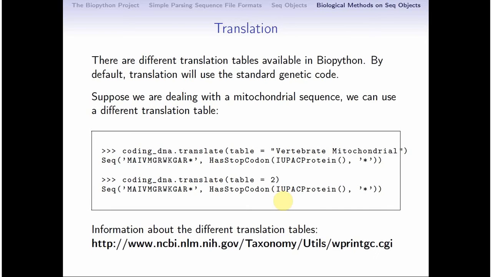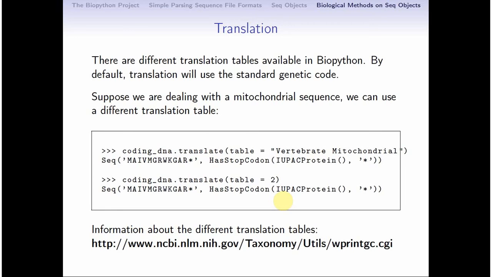There are different translation tables in Biopython. By default, translation will use the standard genetic code. However, if we work with a mitochondria sequence, we need to use a different translation table.